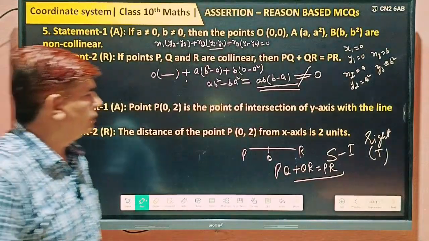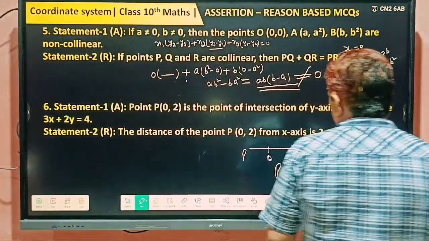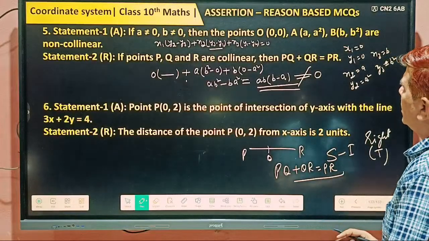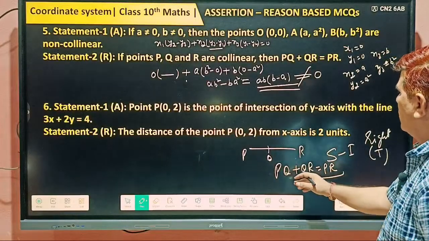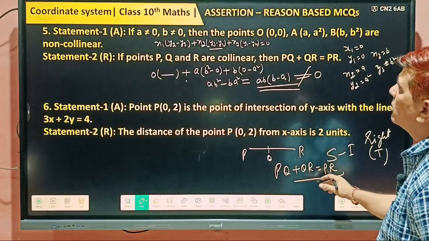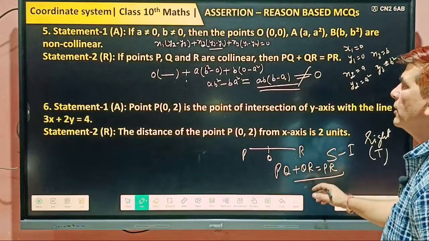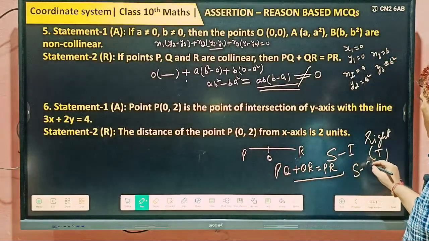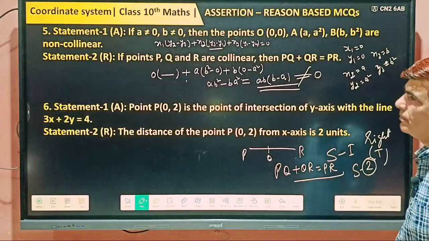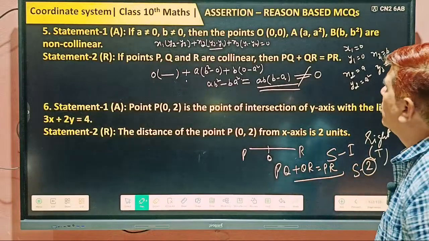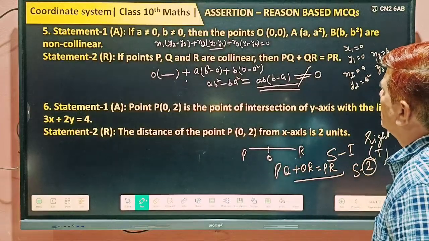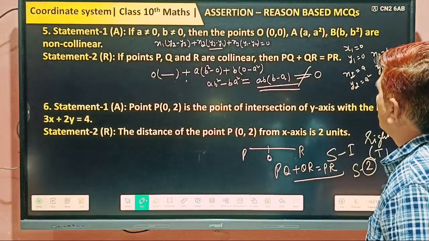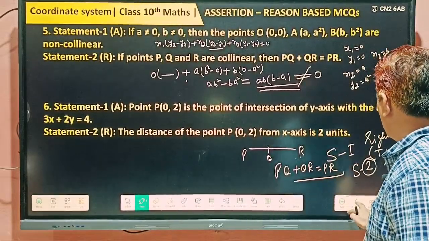Then these are definitely collinear. If points P, Q, R are collinear, then PQ plus QR is equal to PR. Yes, definitely right. So statement S2 is also right according to me. Yes or no? So what we can say? Which one is your answer?